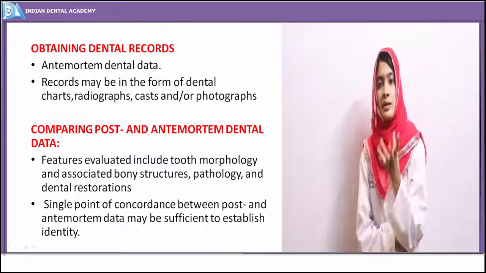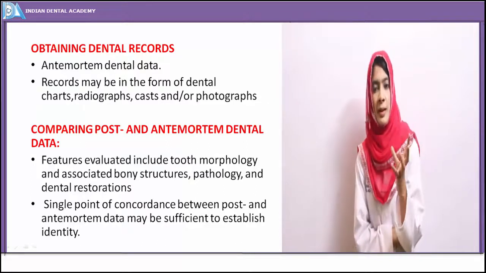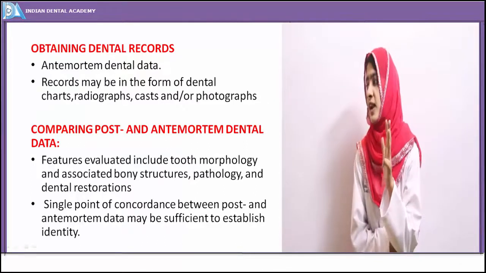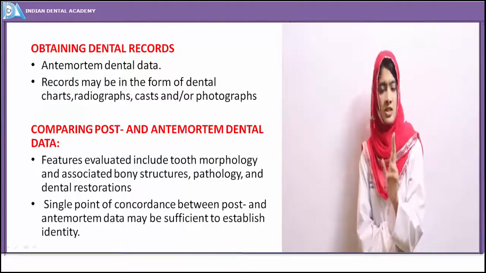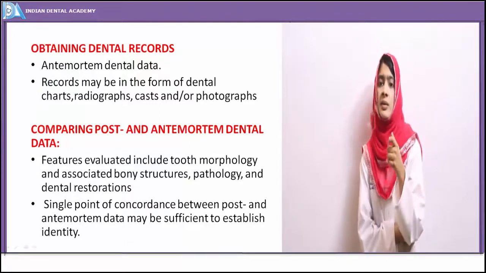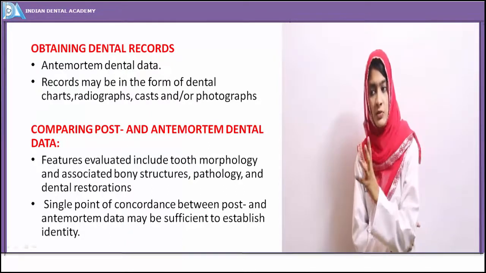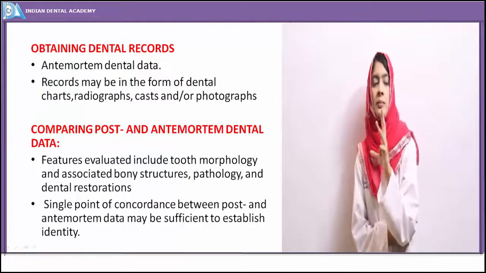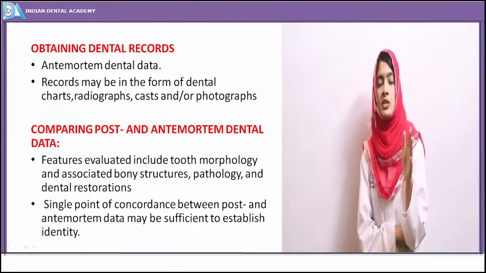You have to establish communication with the deceased individual's family members and ask if they have any dental data like prescriptions, x-rays, photographs of his treatment done, and if the individual is identified because of the medical autopsy, then you have to establish communication with his dentist.